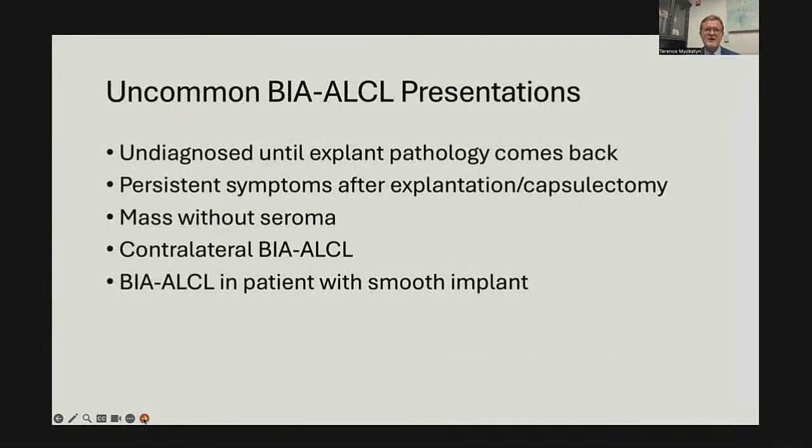So, in my view, uncommon BIA-ALCL presentations include patients who don't have a diagnosis of BIA-ALCL until after the pathology comes back.